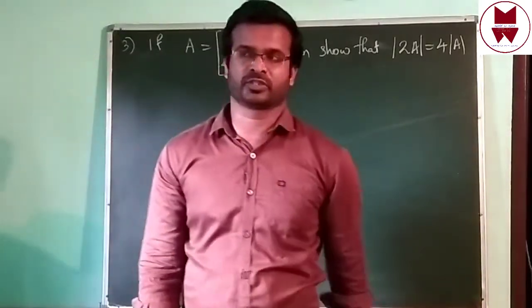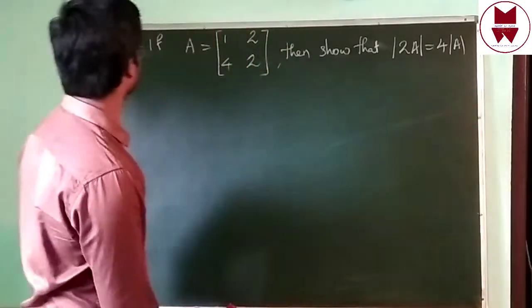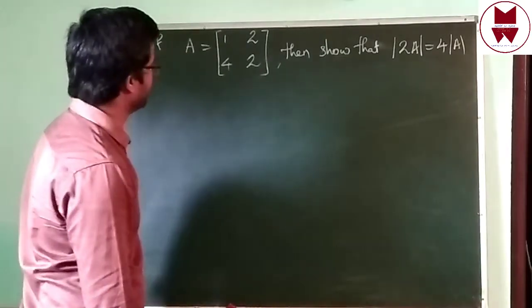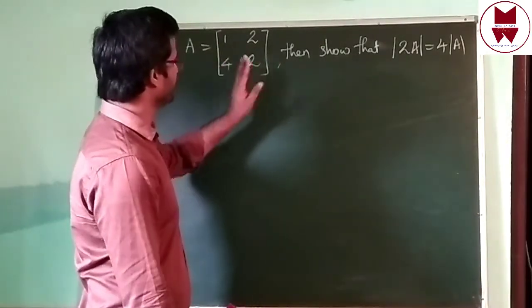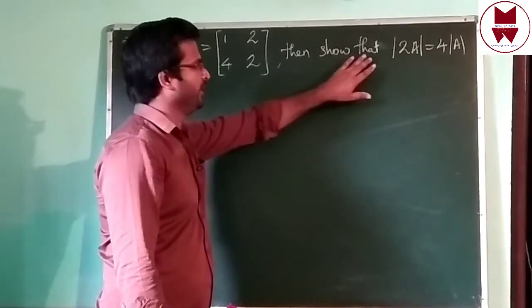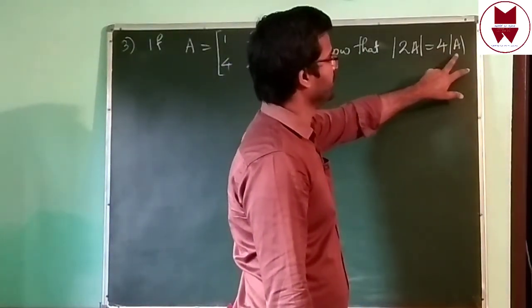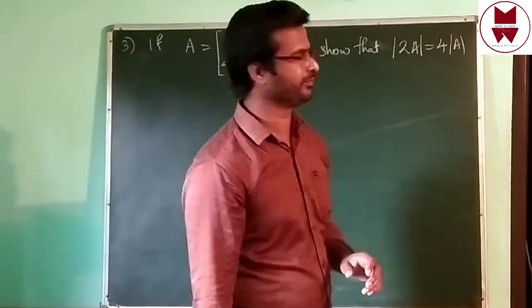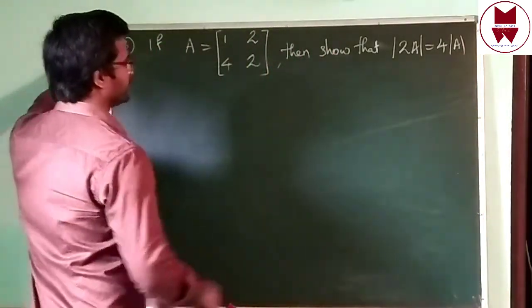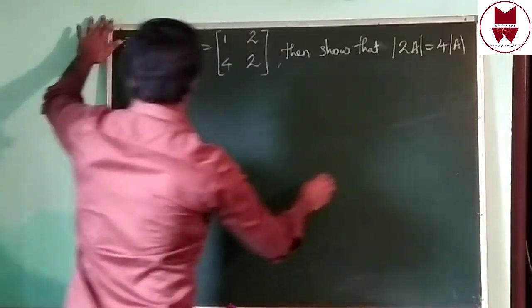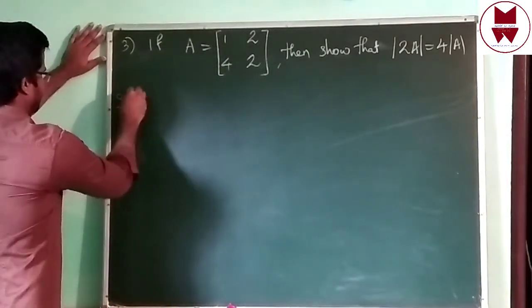Now we can see question number 3. If A equals matrix 1, 2, 4, 2, then show that determinant of 2A equals 4 into determinant of A. First, we find 2A. We are not going to take the determinant now.